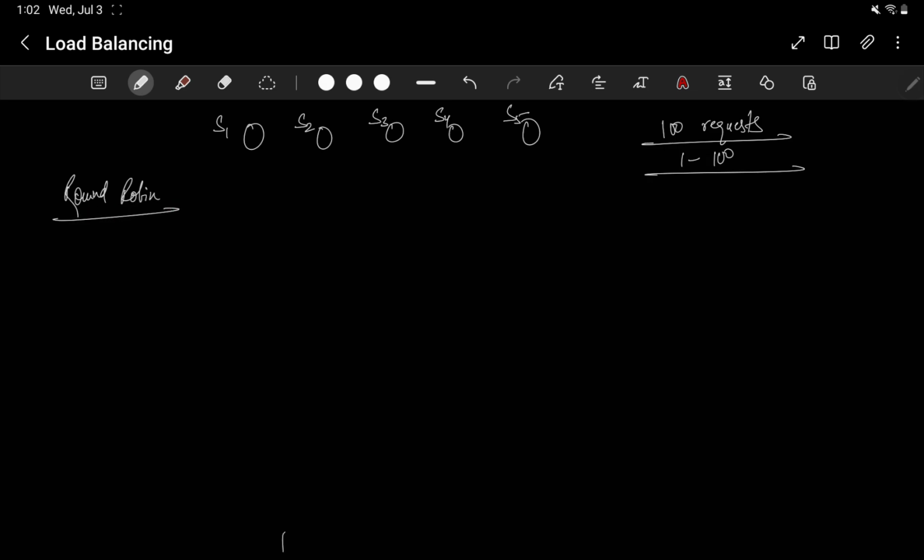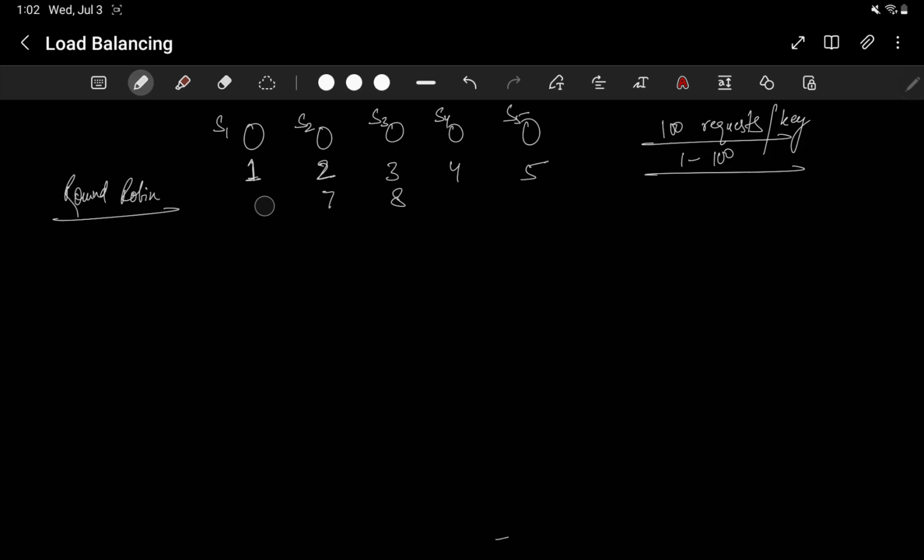What round robin does is, key 1 goes here, key 2 here, key 3, key 4, key 5. Let's call each request a key. And the sixth one will come here, the seventh here, the eighth here. But the problem with this approach is, what if request 1 was larger but 2 was smaller?